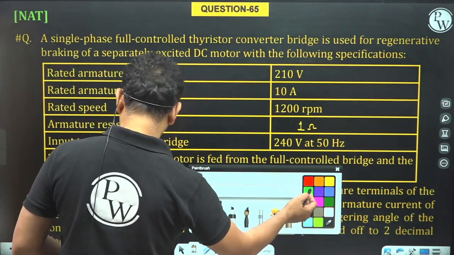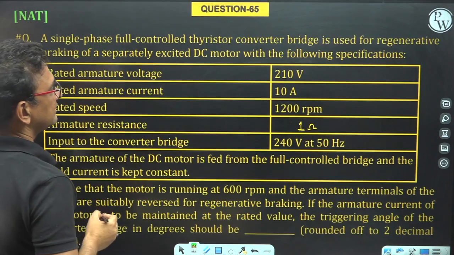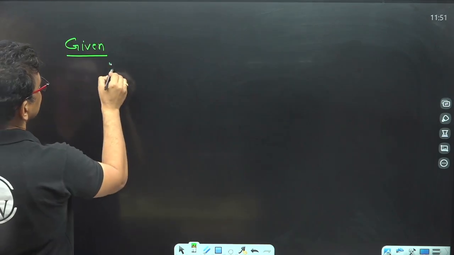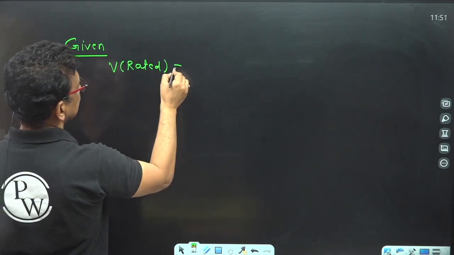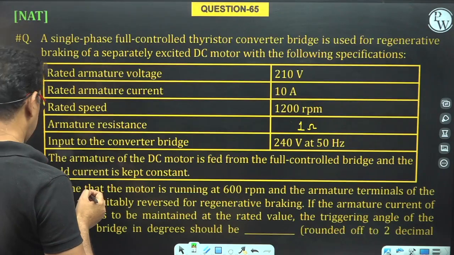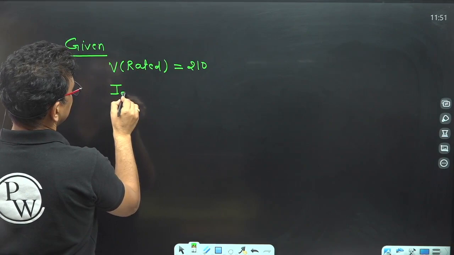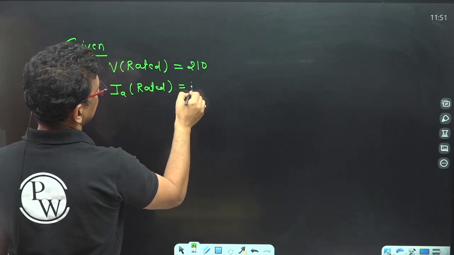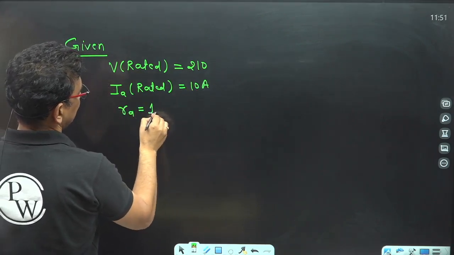So see, what is given in this question? The rating of the motor is given. The rated armature voltage is 210 volt. The rated armature current is 10 ampere, and the armature resistance is 1 ohm.